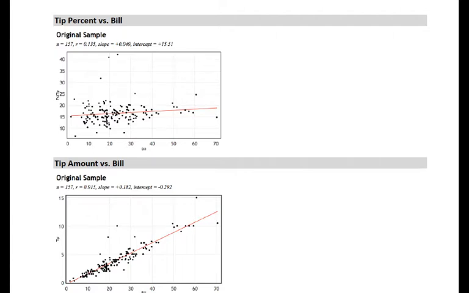So the hypothesis test we just looked at was bill versus percent tip. And we saw that we had a fairly weak correlation or a weak association in our data. We had a sample correlation of 0.135.